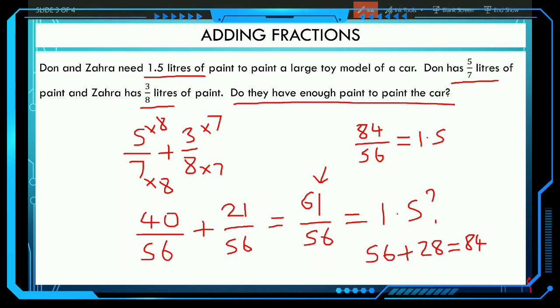Now for them to have enough paint, they need to have 1.5 litres, and for there to be 1.5 litres, the numerator has to be 84 or more, as we can see. Is it 84 or more? No, it isn't. So because it's 61, it's less than 84, so it's going to be less than 1.5, the answer. So therefore the answer would be no, they don't have enough paint.